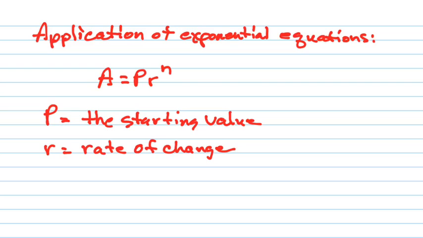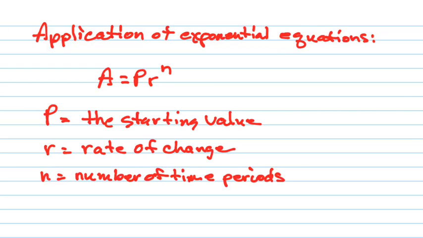If you're talking about money, that means like the interest rate. That's how it's changing. Then N is the number of time periods. You have to be careful with this because it could say that the interest is calculated quarterly, which means how many time periods per year? 4.